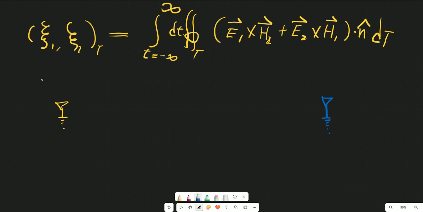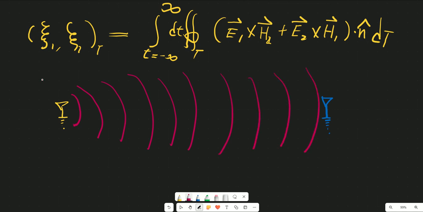The transmitting antenna will send a retarded wave to the receiving antenna. When the receiving antenna gets the retarded wave, it will send an advanced wave back.